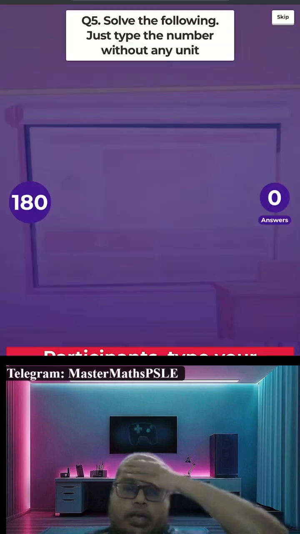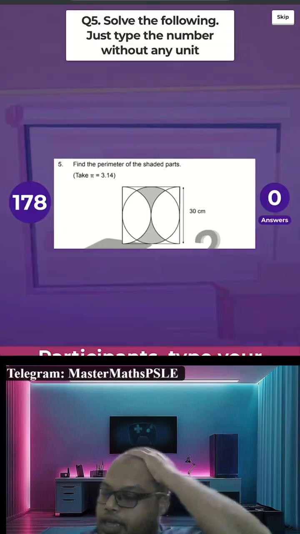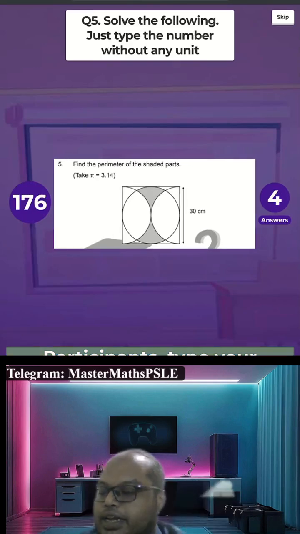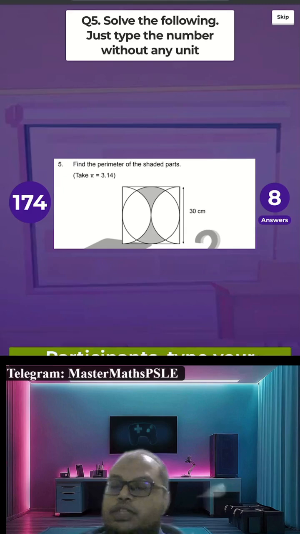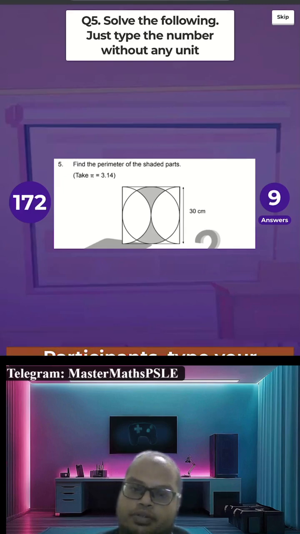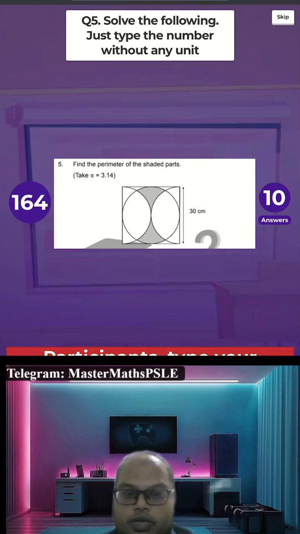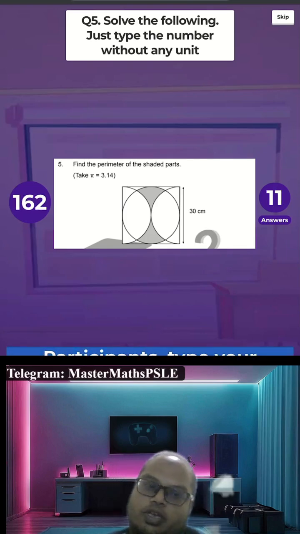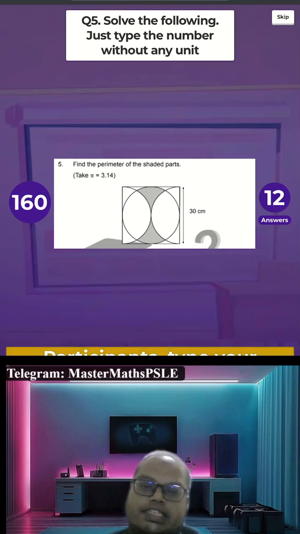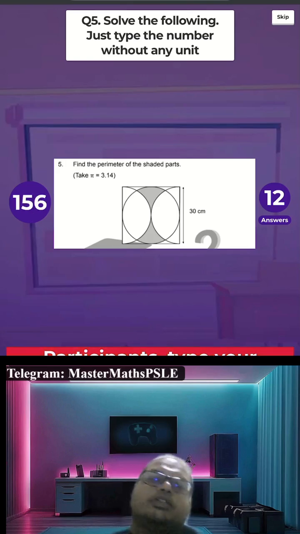Okay, now another type of question. Find the parameter of the shaded part. Come on, don't put your answers there. It might be correct, it might be wrong, we don't know. If everyone starts to use that answer, either everyone is correct or everyone is wrong.